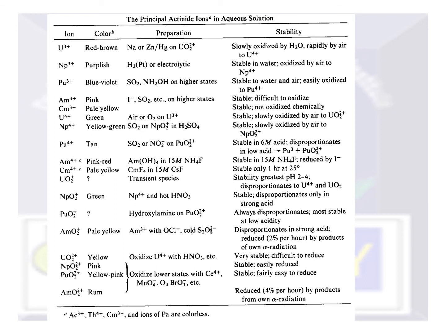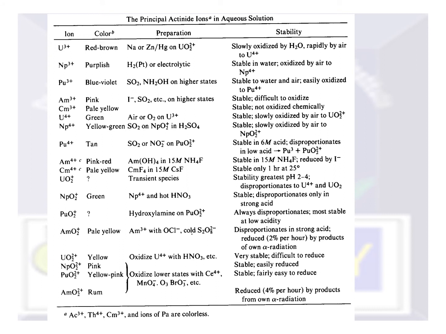The table shows the color of the ions, how to prepare those colored ions, and their stability. First, the uranium 3 plus ion is red brown in color, and it is obtained by treating uranium dioxide with sodium or zinc metal in mercury.